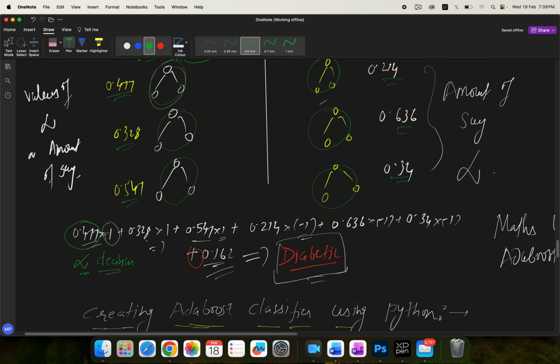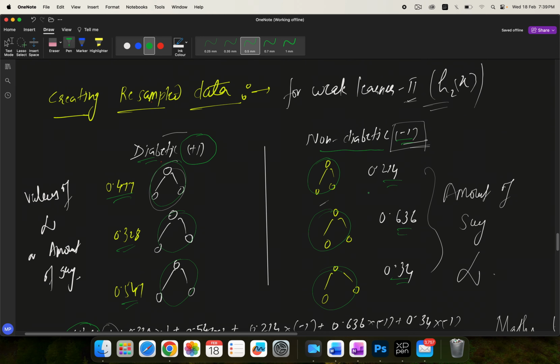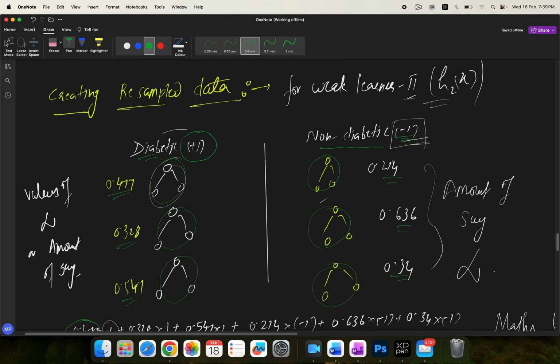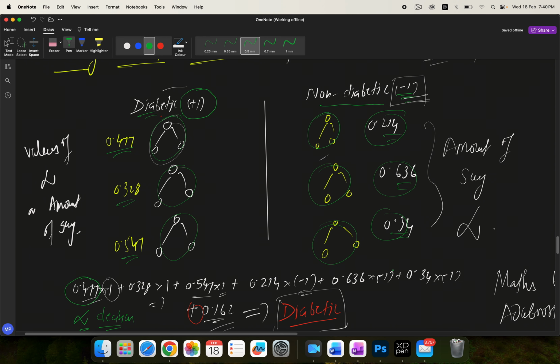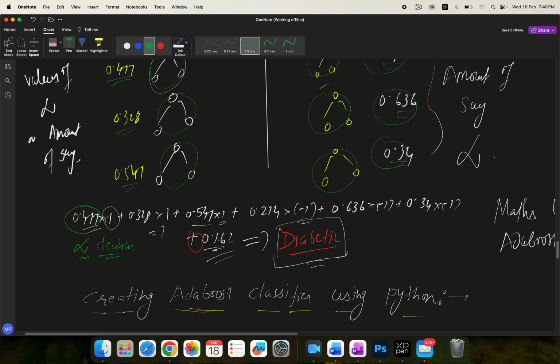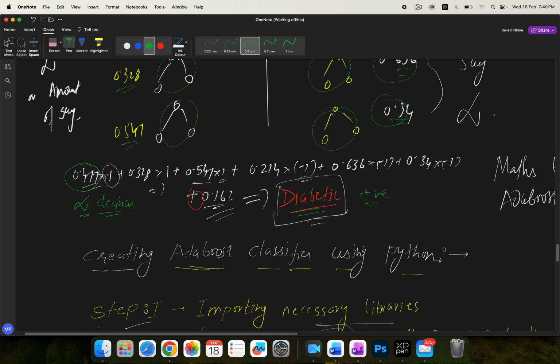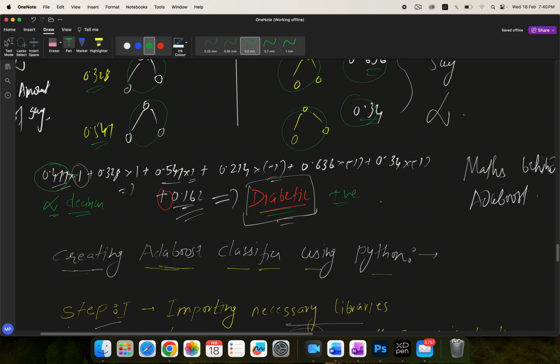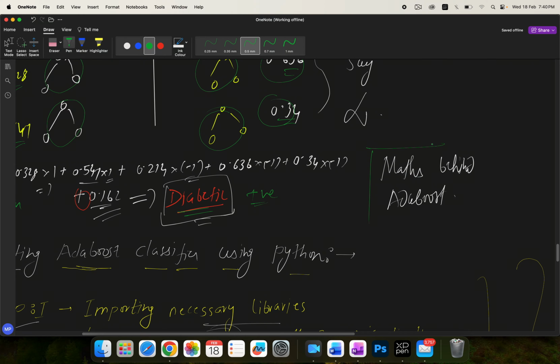Similarly we will multiply all of these, and non-diabetic means -1, so that alpha will be multiplied by -1 and added to the others into the final model. Overall we are getting +1 plus 0.162, which means the person is diabetic, because the value is coming positive. So it will finally predict that the person is diabetic. So this is the maths behind the AdaBoost model.